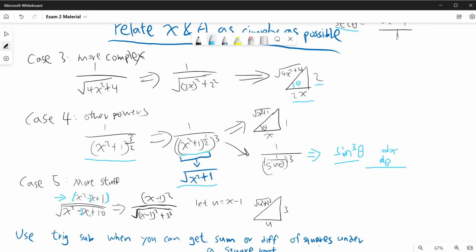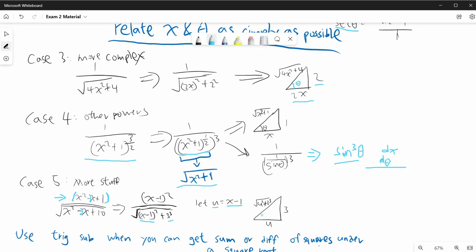You can separate 1 out here, and then you have x minus 1 squared, and then you have 9, which is 3 squared. In this case, it's still the same, where if we use x minus 1 for u, it would be a two-step u sub.